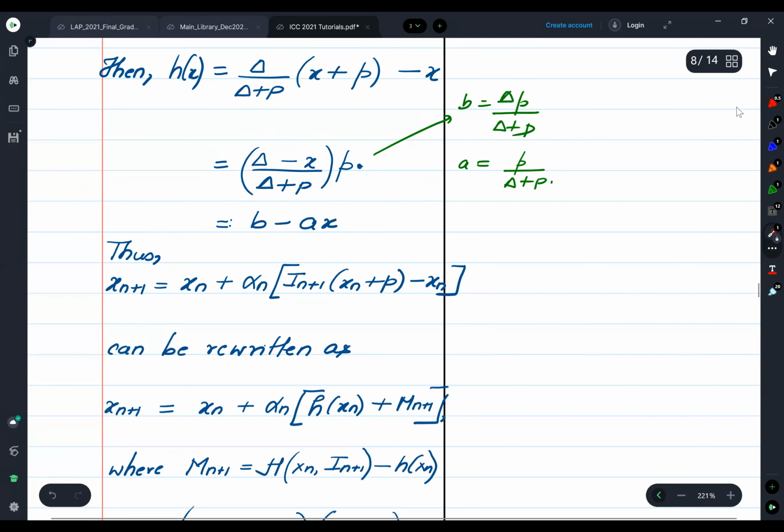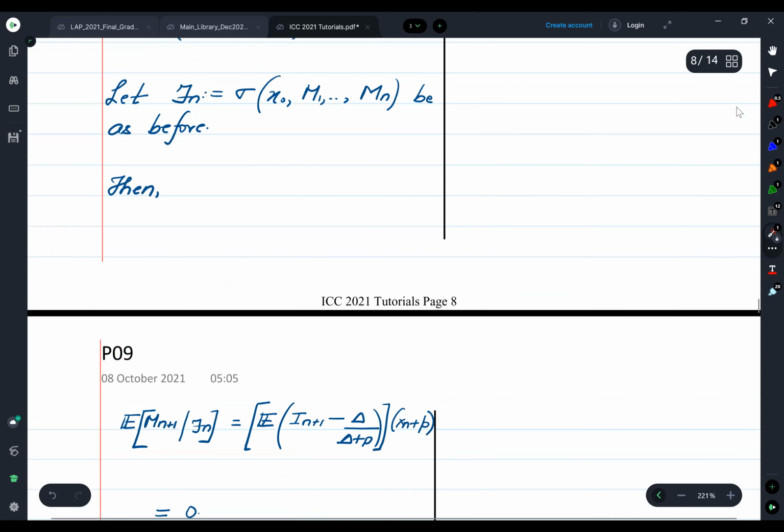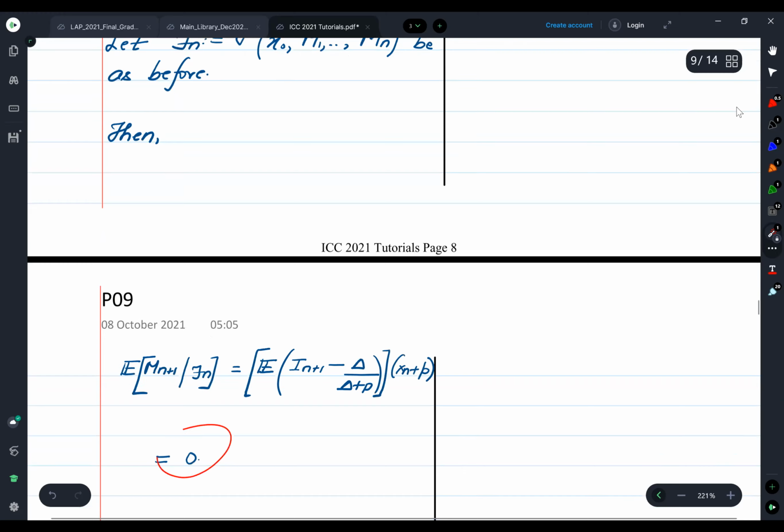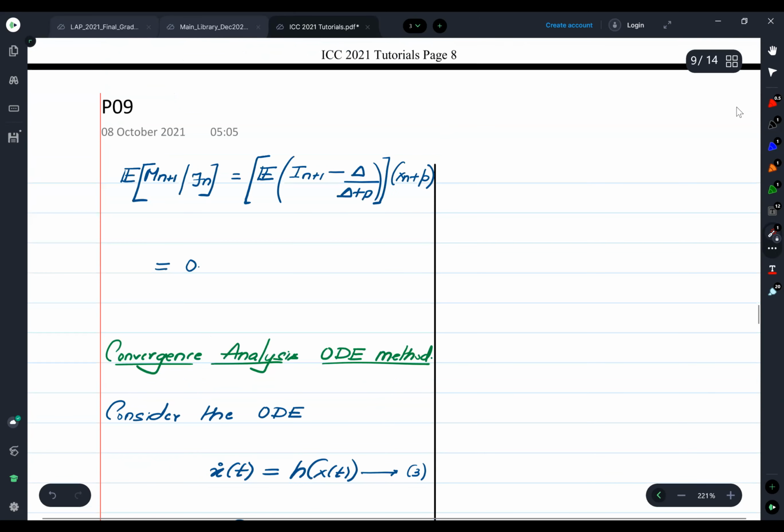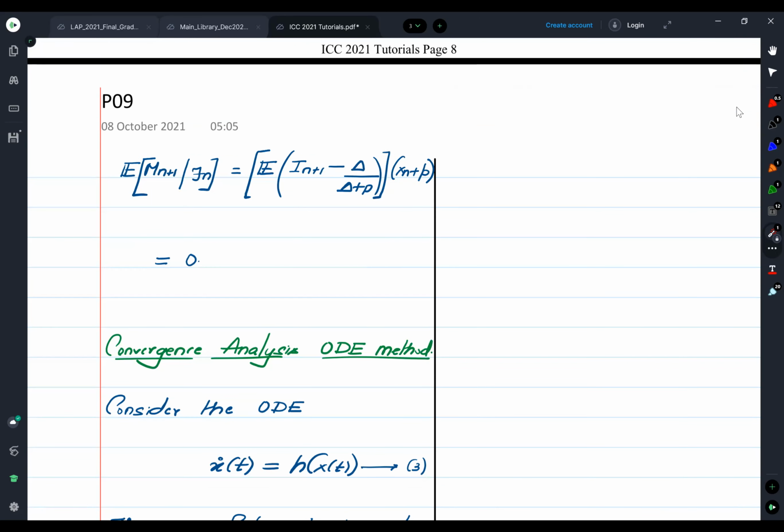While we cannot obtain the value of h of x, we can obtain an estimate of the noisy value of h of x. The noise comes from mn plus 1, and its conditional expectation with regard to the history at time n is again 0. These are the facts we can state in the context of the algorithm at hand.